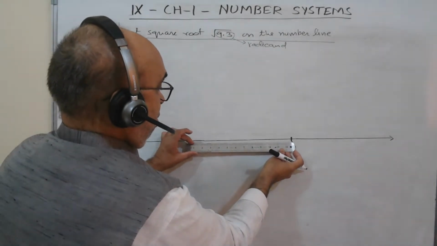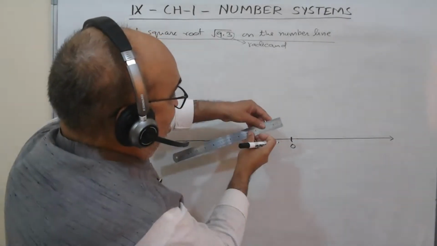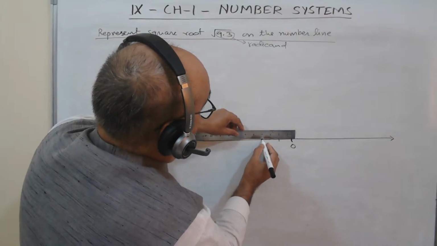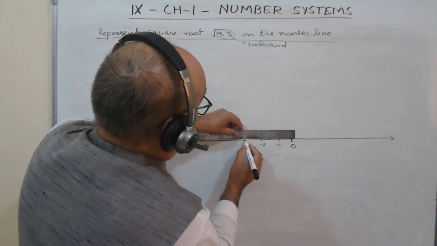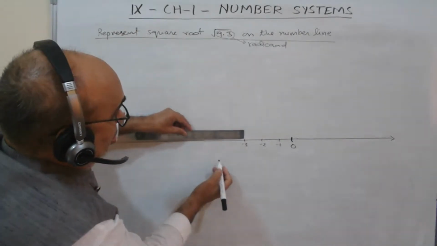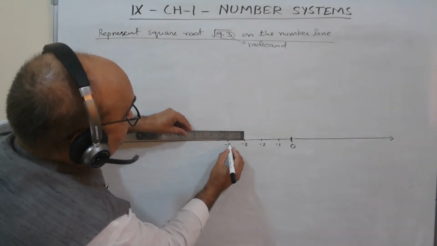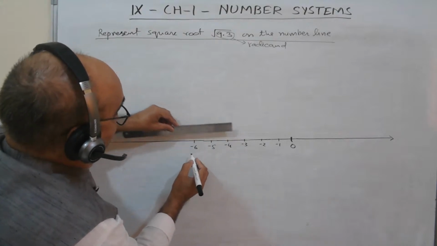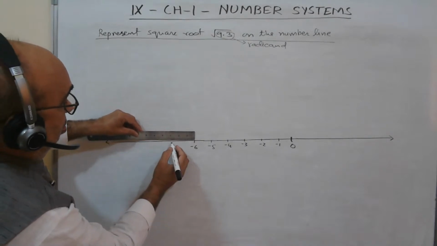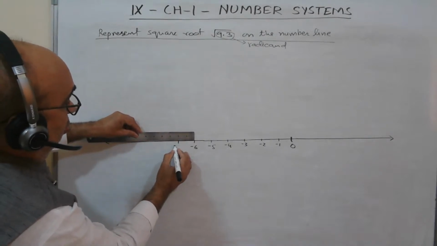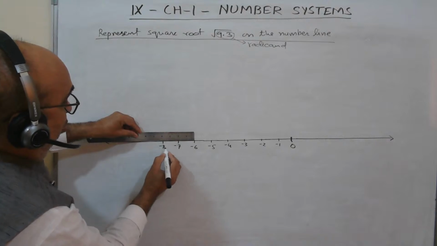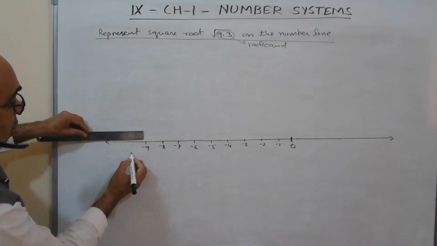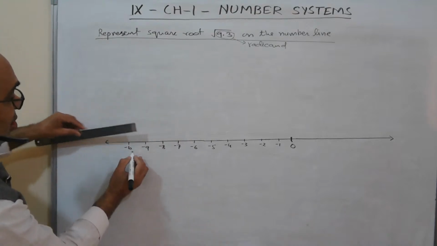I will take 2 centimeter because this is a big number: -1, -2, -3, -4, -5, -6, -7, -8, -9, -10.